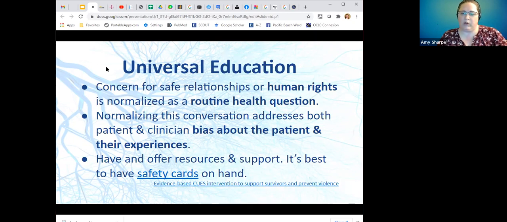So where domestic sex trafficking, the ideal is to educate about safe relationships with migrants, regardless of whether it's labor or sex trafficking.